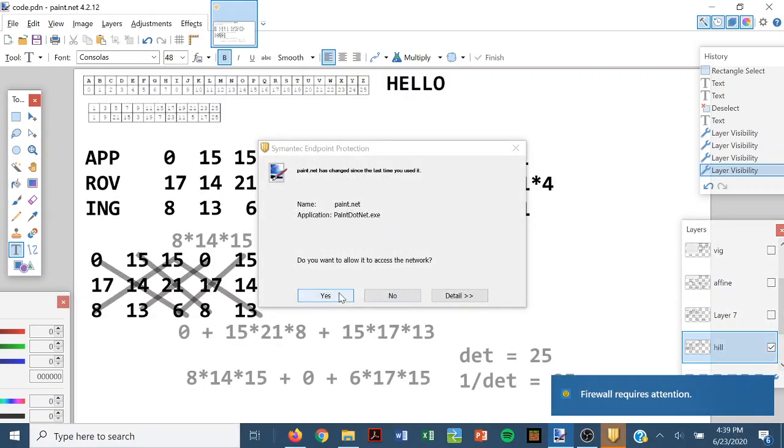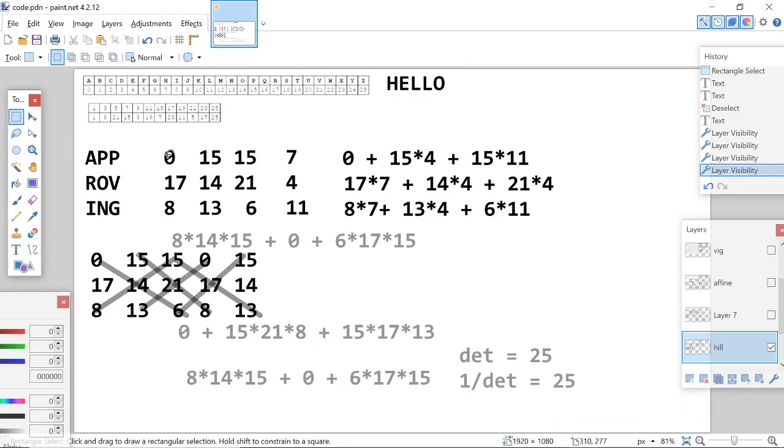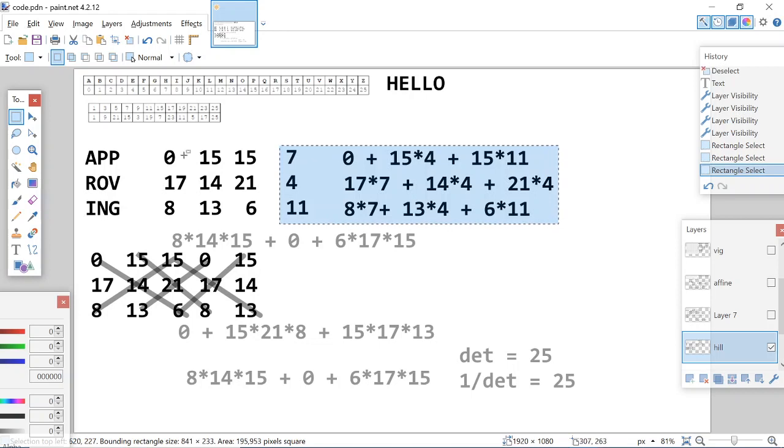So first things first, encrypting with the new matrix. I've already taken this to make the number version of it. It's 3 by 3, only allowed at nationals and states. Encrypting is the same concept, just slightly longer.